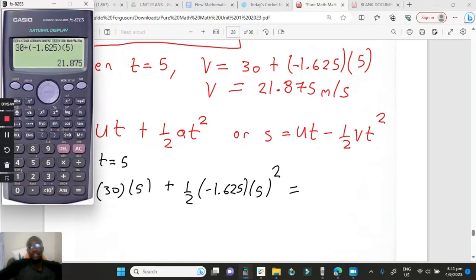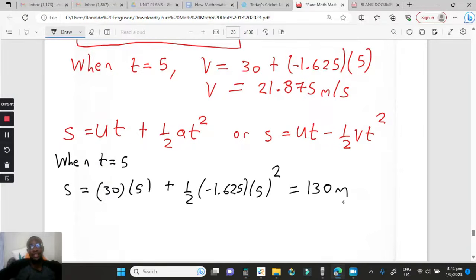Put all that in the calculator, and you get this amount, 129, call it 130 meters, because we're going to put it to 3 significant figures.